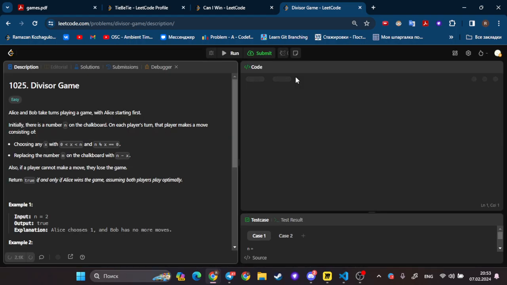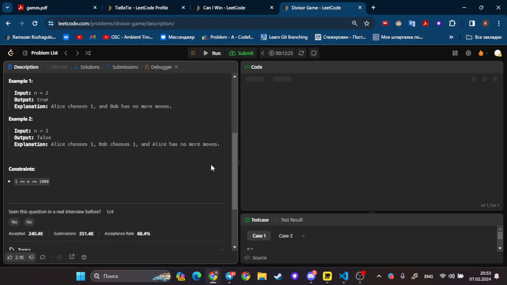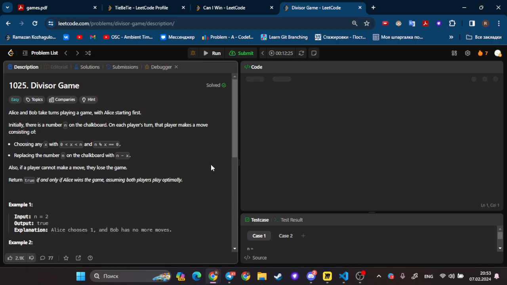This is a very easy problem, but it's a little bit tricky. We have Alice and Bob, and they are choosing any x that is greater than 0 and less than n and a divisor of n, and replacing the number by n minus x.